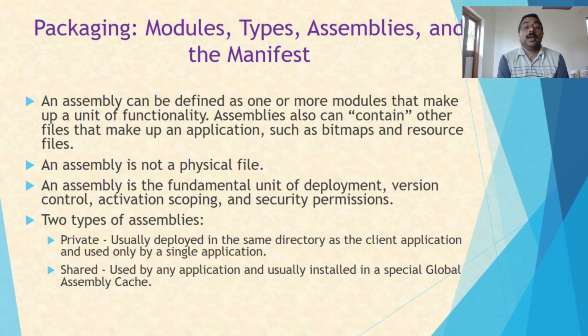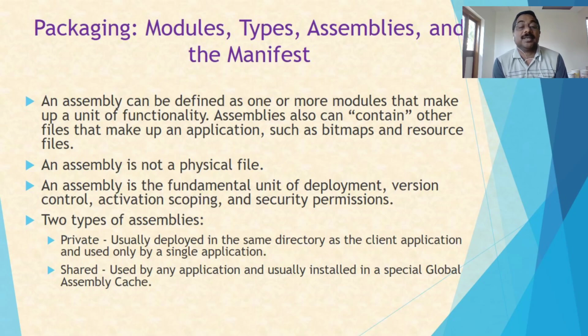Packaging contains the modules, types, assemblies, and manifest. An assembly can be defined as one or more modules that can make up a unit of functionality. Assemblies can also contain other files that make up an application, such as bitmaps and resource files.